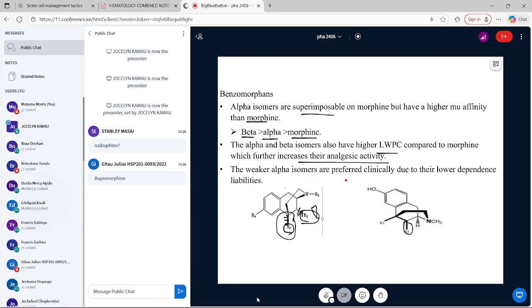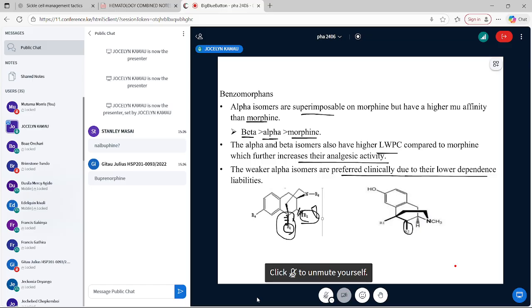The weak alpha isomers are preferred clinically due to their lower dependence liabilities. Remember again, as we had earlier discussed, the higher the analgesic activity, unfortunately, the higher the toxicity. So although the beta isomers, which are facing up, all trans at position number 9, are more active in terms of analgesic activity, they will also have more toxicity.